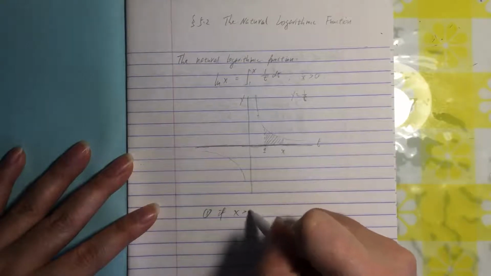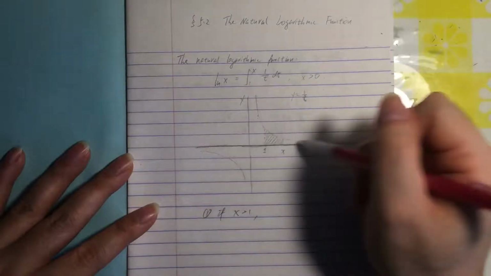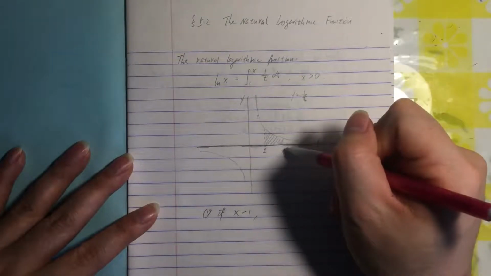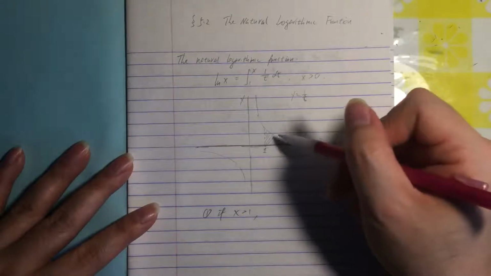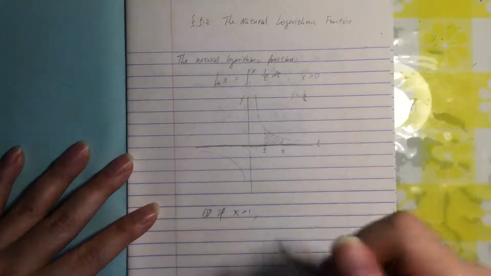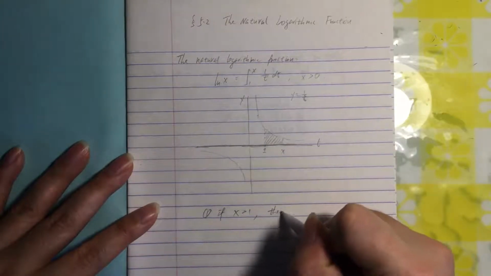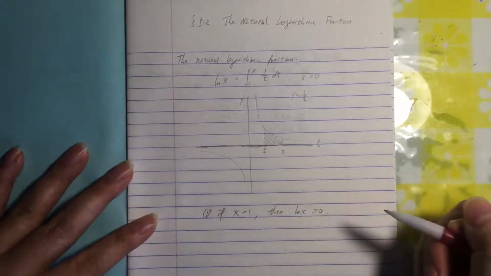if x is greater than 1, then ln of x represents the area under the curve from 1 to x. If we integrate from left to right, and the area is above the x-axis, this area is positive, which means ln of x is positive. So if x is greater than 1, then ln of x is greater than 0.